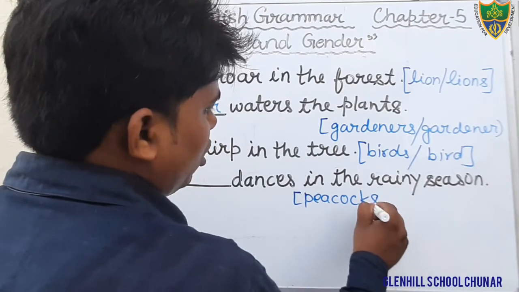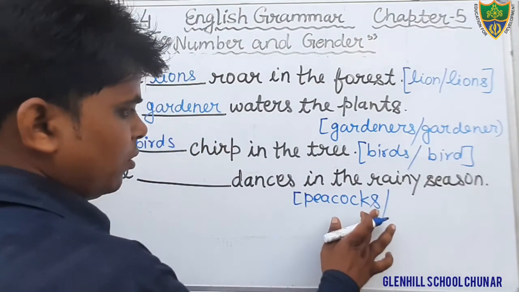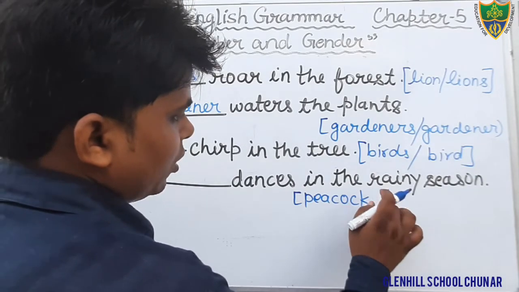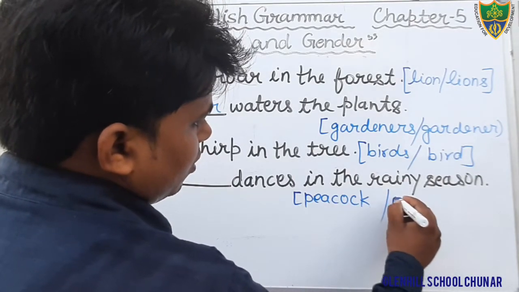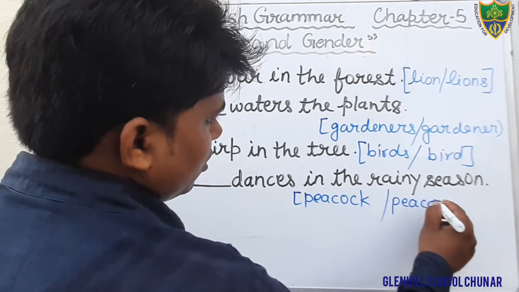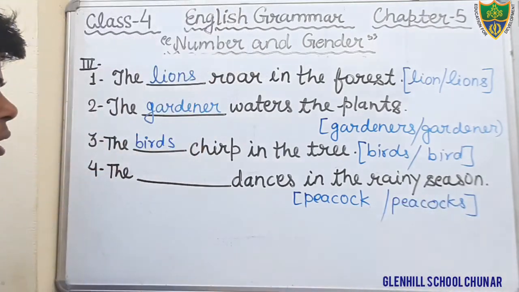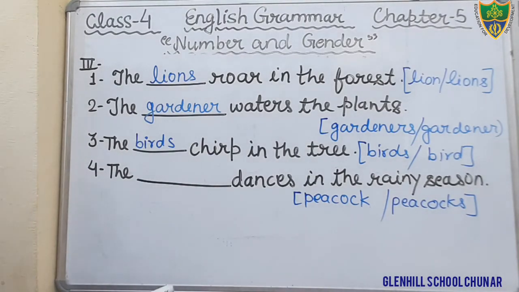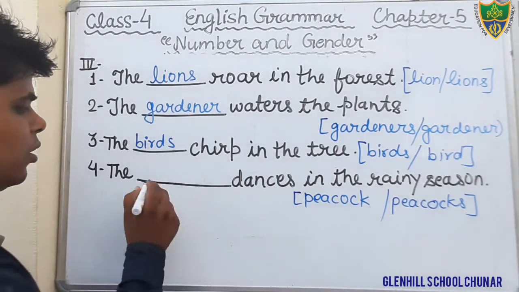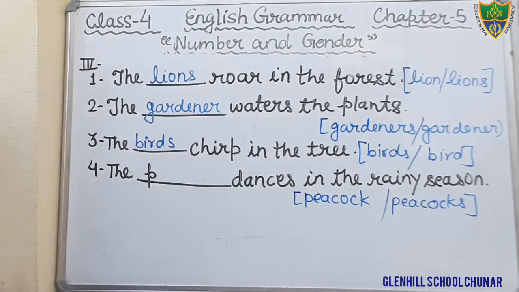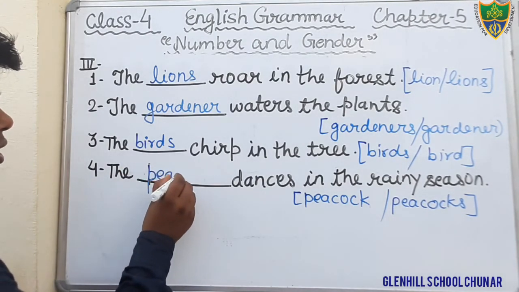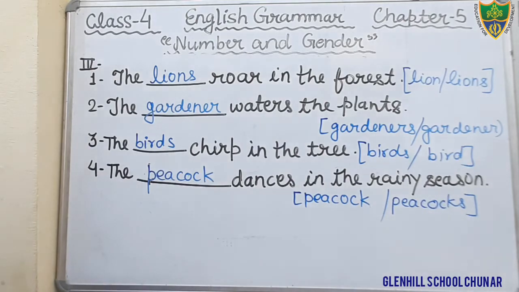The first one is given in singular. Here the verb is given in singular, therefore you will also fill in singular. Here you will fill the word peacock. The peacock dances in the rainy season.